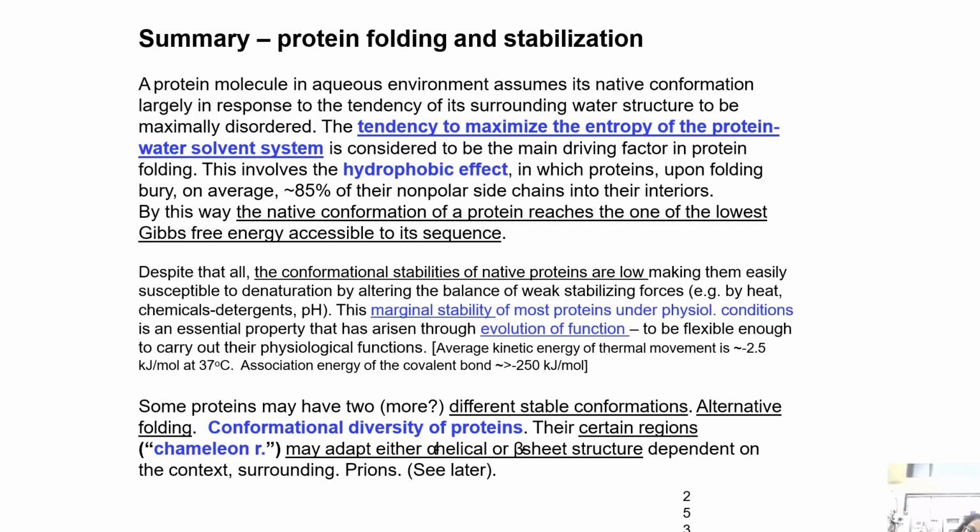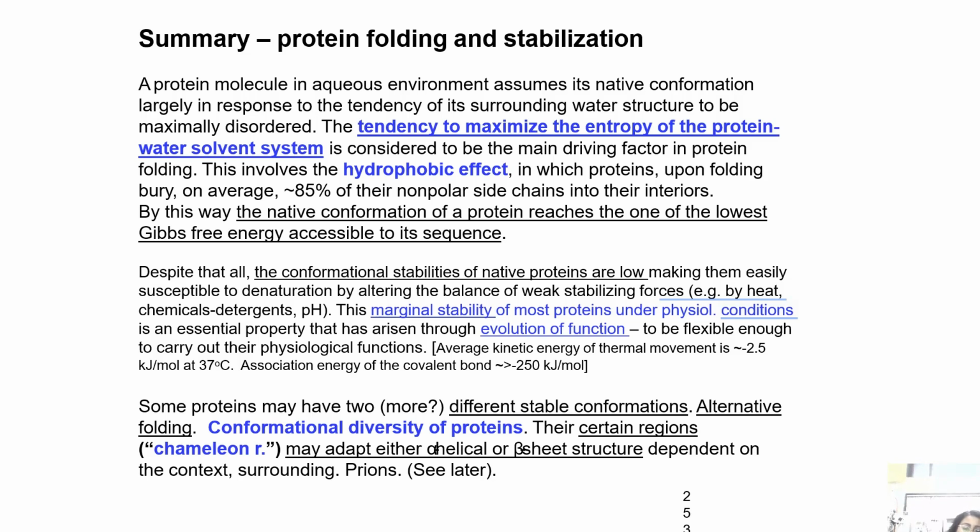So, summary: a protein molecule in an aqueous environment assumes its native conformation largely in response to the tendency of its surrounding water structure to be maximally disordered.